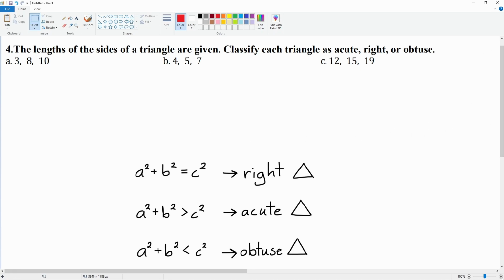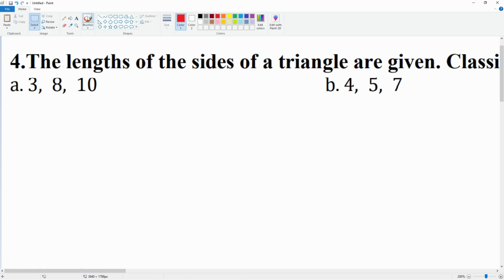So let's do the first one here first. A is equal to 3, B is equal to 8, and C is equal to 10. So 3 squared plus 8 squared, and I'm not going to put anything here, and I'm going to have c squared here, right? Because we're not sure if it's equal or not.